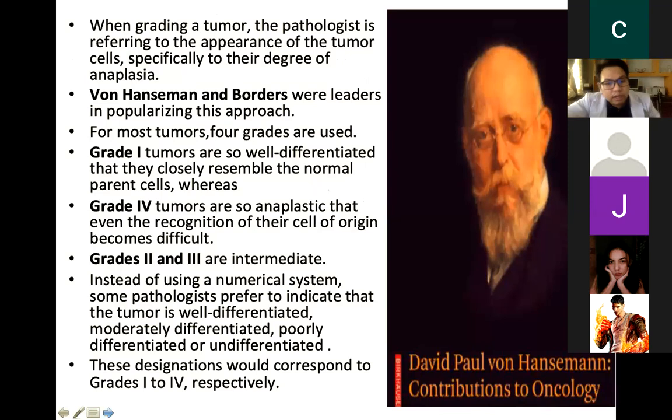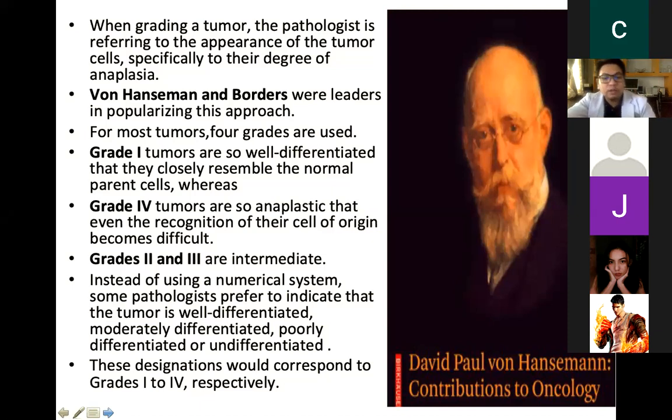For grade 1 tumor, so well differentiated, closely resemble the normal parent cell. Grade 4, tumors are so anaplastic that even the recognition of their cell of origin becomes difficult. Yan. So hindi mo na alam kung saan siya galing na parent cell, yung grade 4. Okay. So for grade 2 and 3, intermediate between 1 and 4, of course.